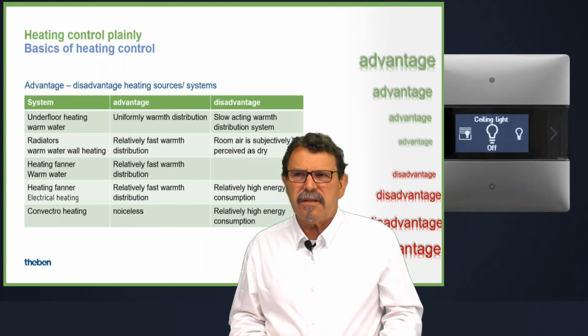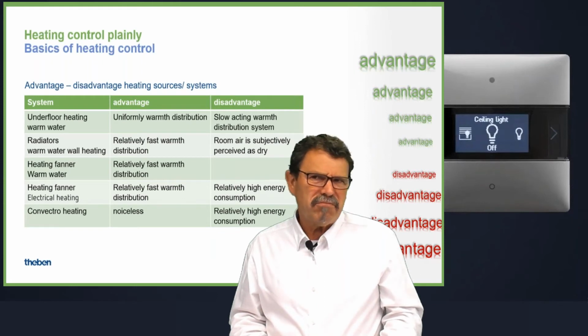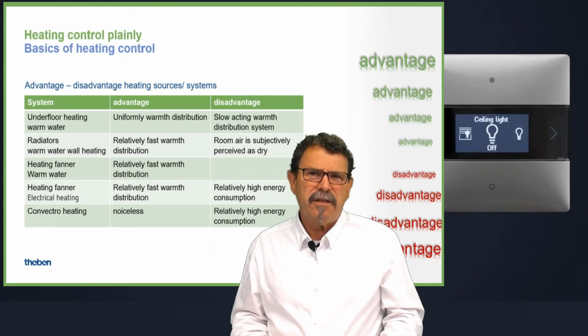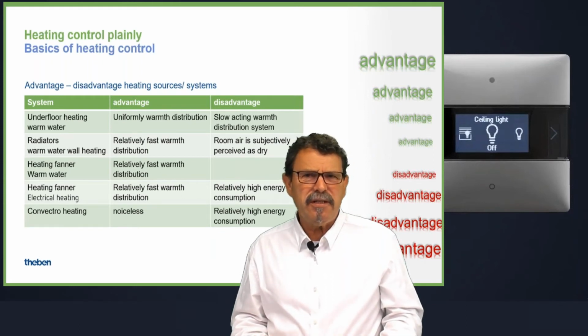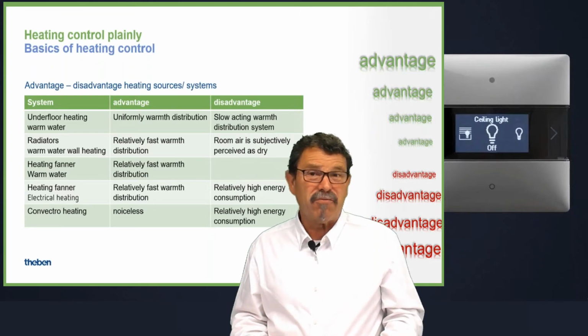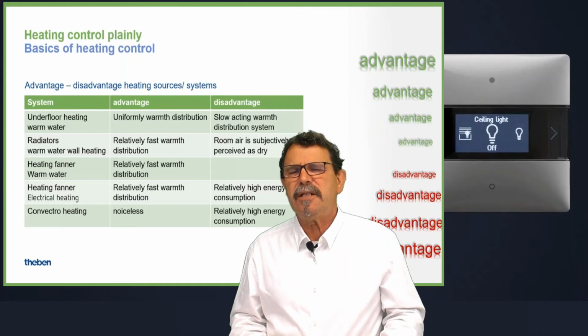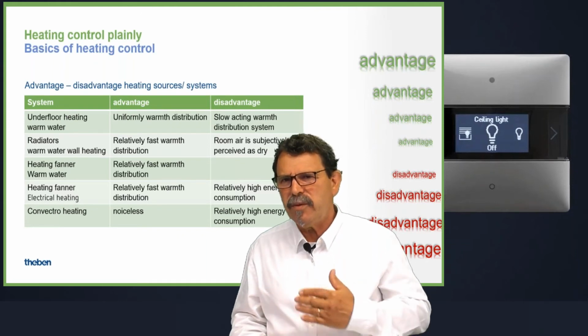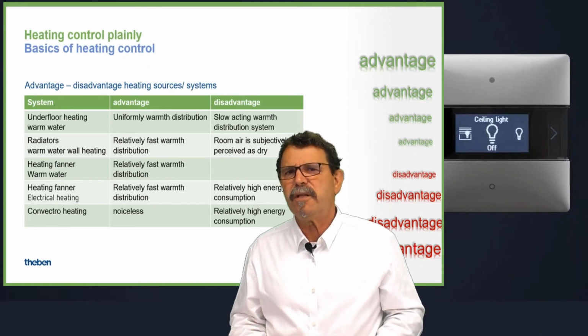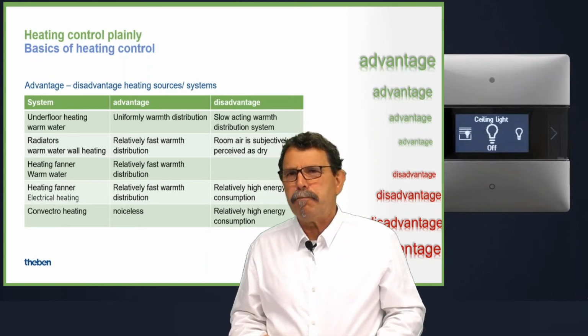Heating fanners, electrical heating: the energy consumption of electrical heaters and fanners is rather high, because you need huge energy as a source to heat up the air streaming through these heating resistors, blown through the fans into the room. But it's rather fast, frankly speaking.